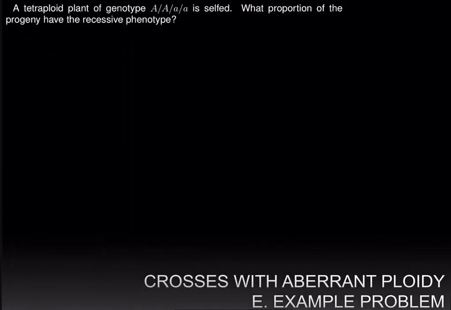Next, let's try and do a problem. A tetraploid plant of genotype big A, little a is selfed. And so the cross we're doing is big A, little a crossed to big A, little a.